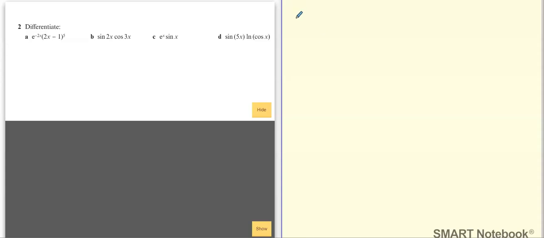So part B, if I call it y equals sine 2x cos 3x.